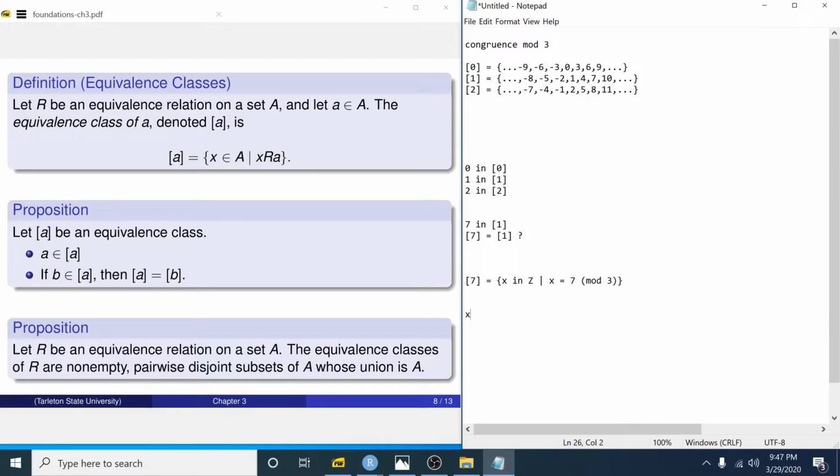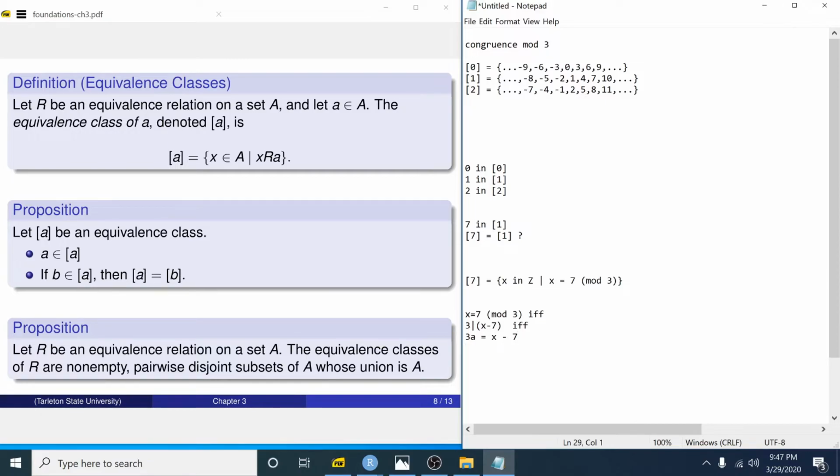So x is congruent to 7 mod 3 if and only if 3 divides x minus 7. But that's true if and only if 3 times some integer a is equal to x minus 7. This is kind of an informal argument, but just writing this out.